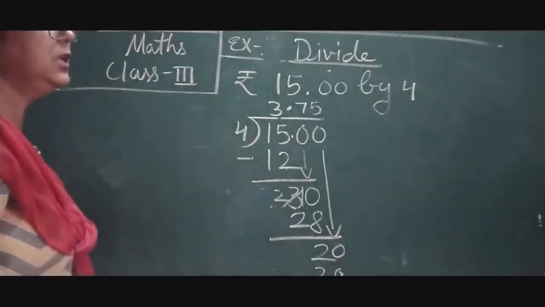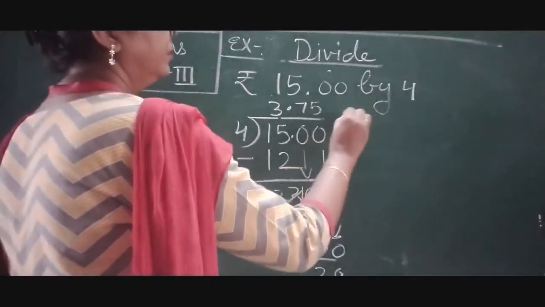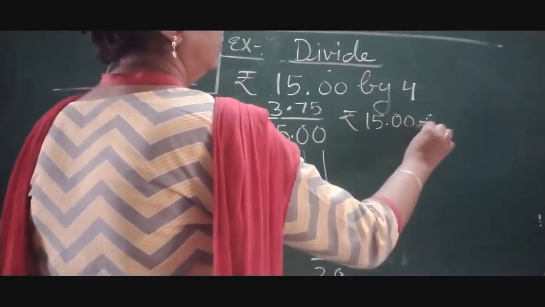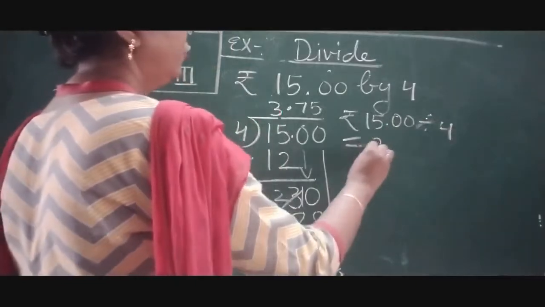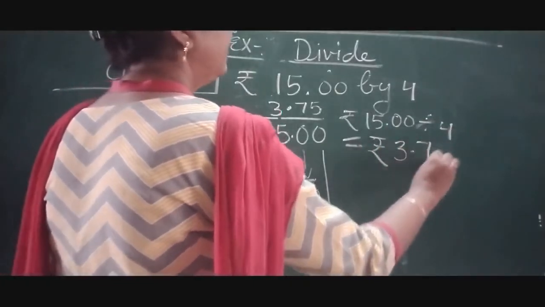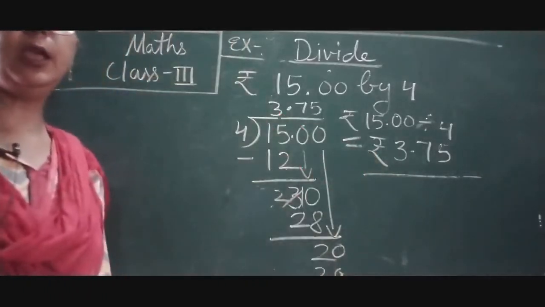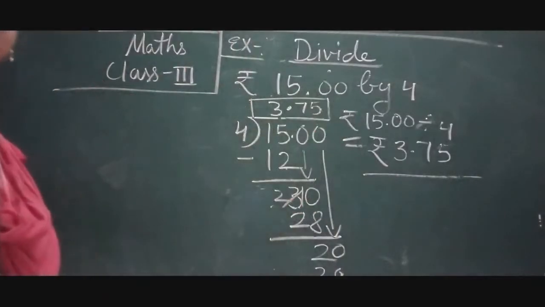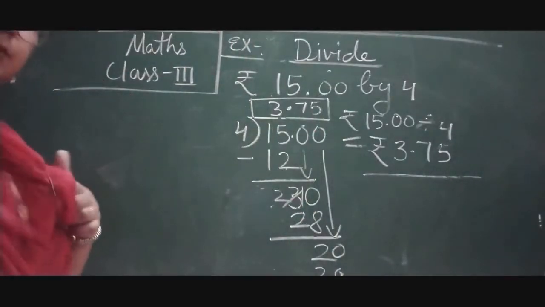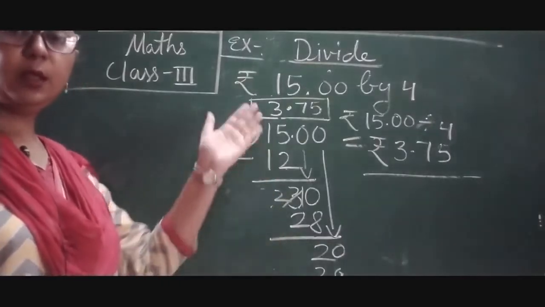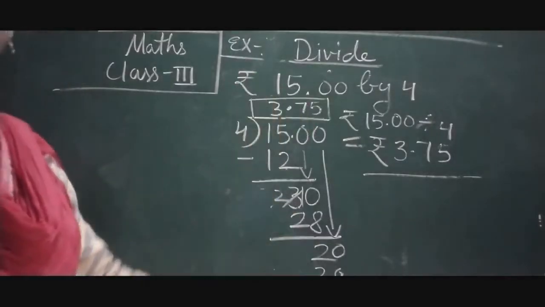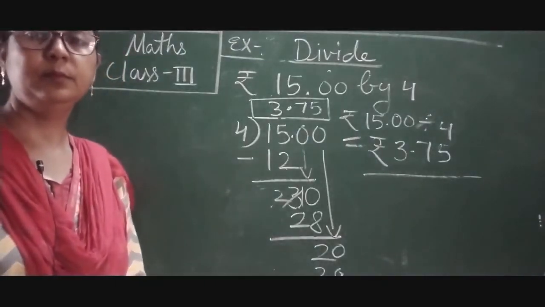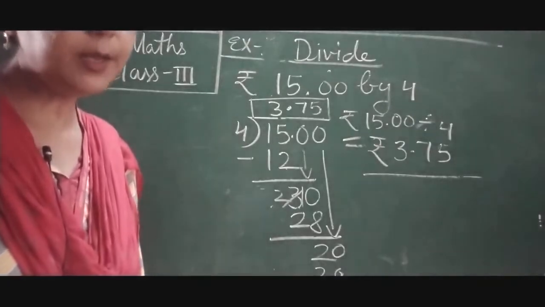So here the answer we will get is rupees 3 and 75 paise. Remainder nothing, quotient is 3 and 75. Okay? So write it down. This is your third example.